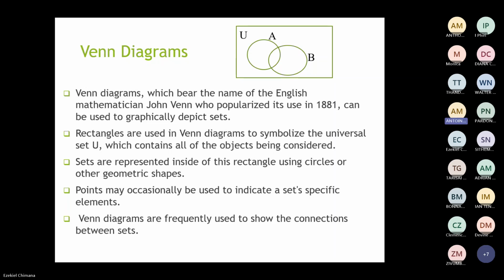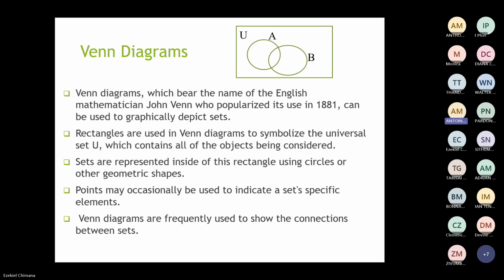Venn diagrams. Venn diagrams, which bear the name of the English mathematician John Venn, who popularized them in 1881, can be used to graphically depict sets, like the Venn diagram on top.